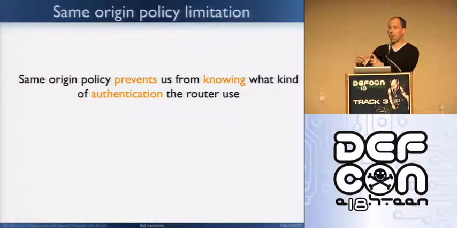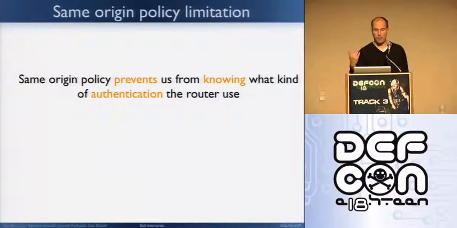It's an ugly pop-up you have with username and password. And we have to know which one you are using, because if you are using basic auth, we can't really try to brute force it, and the type of attack is a little bit different. And once again, the same origin policy prevents us from reading the page, so we don't have any idea which kind of authentication is used.